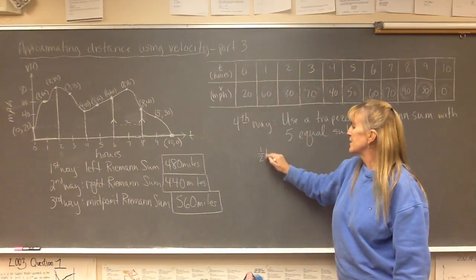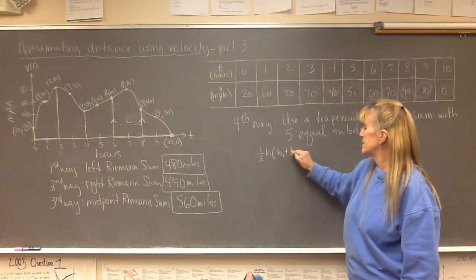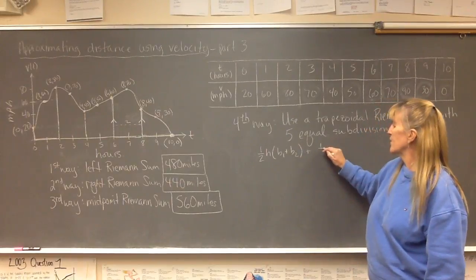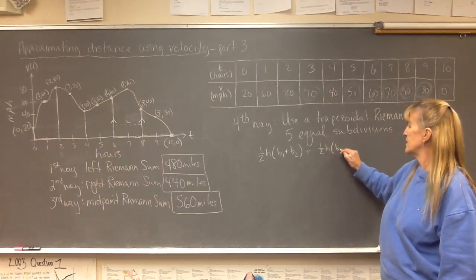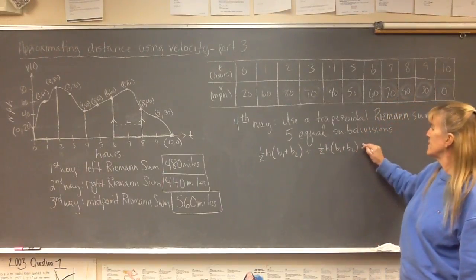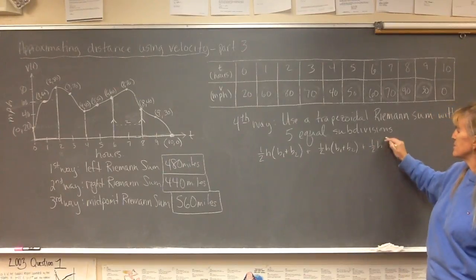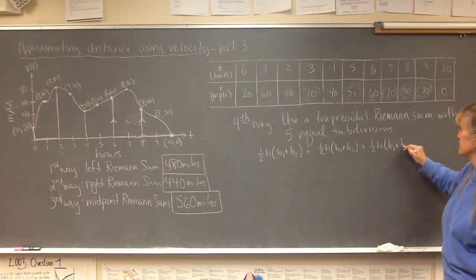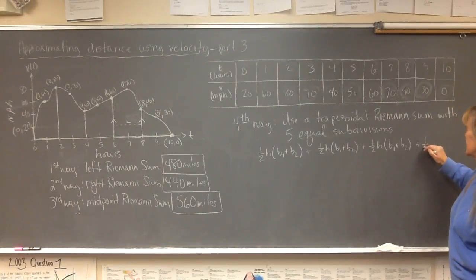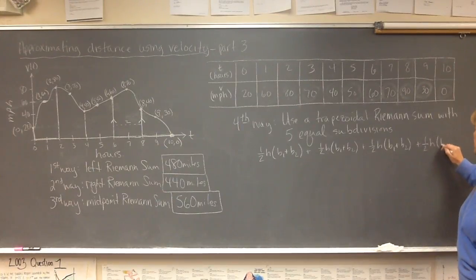So I'm looking at the area of a trapezoid plus the area of the second trapezoid plus the area of the third trapezoid plus the area of the 4th trapezoid. And am I going to run out of room here? I think I am.